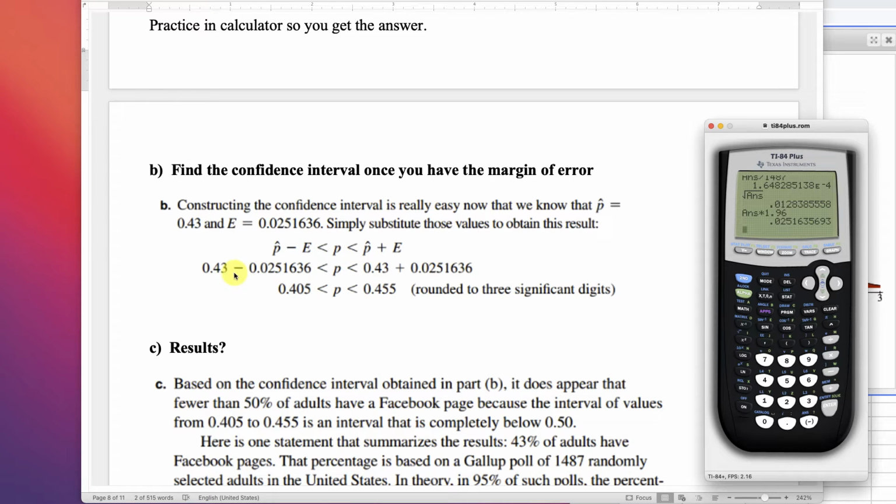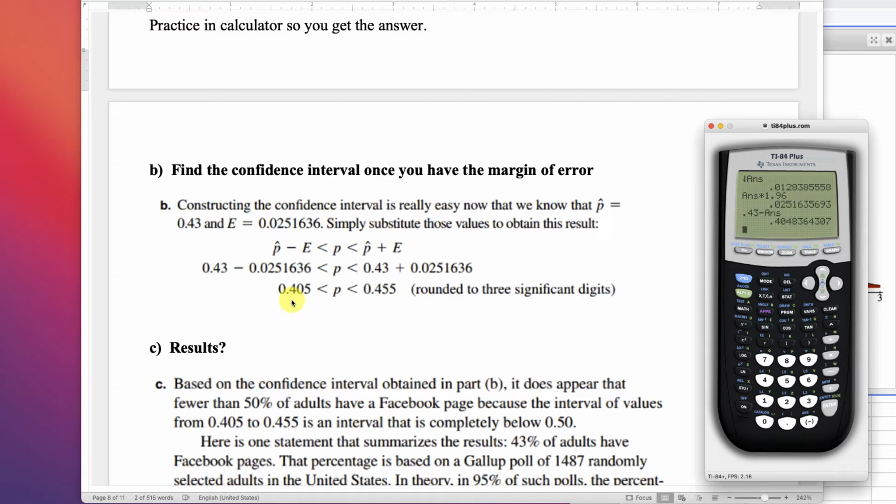That's all. So 0.43 minus the value I had as my answer in here. There's that one, 0.404836, right? And we'll round it to 0.405, and then you add it, 0.43 plus 0.025 gives 0.455. So this is the confidence interval.